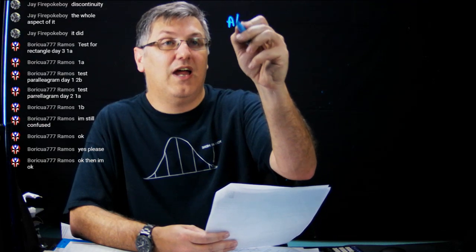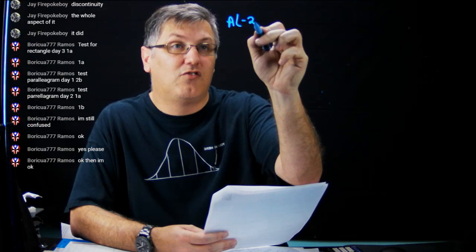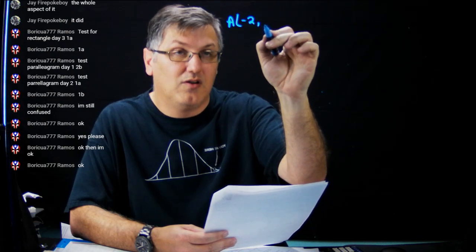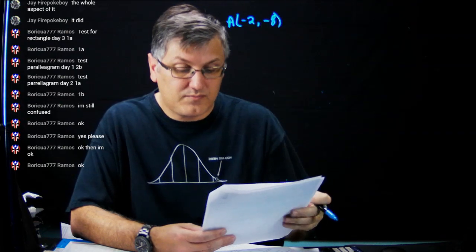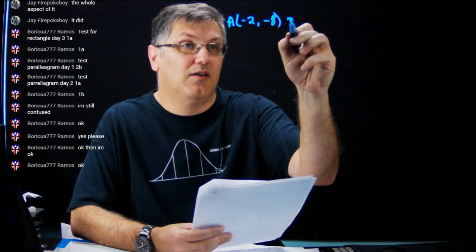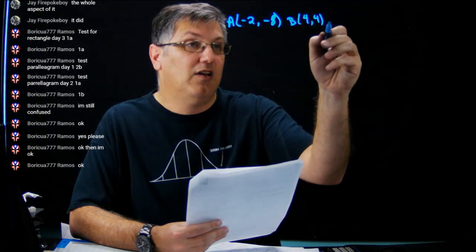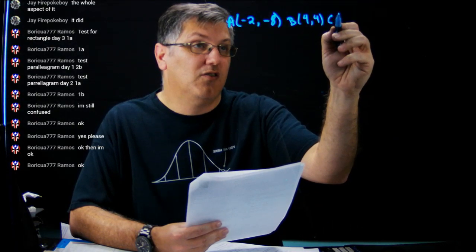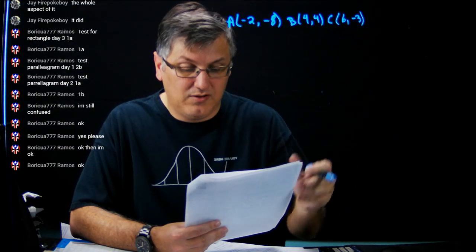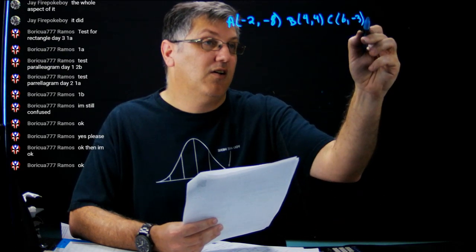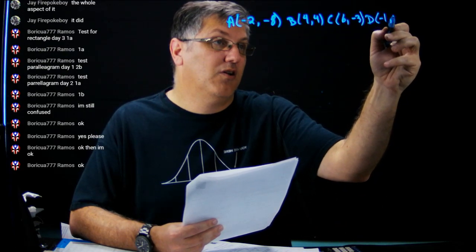So we have point A at -2, -8. We have B, which is 4, 4. We have C, which is 6, -3. And we have D, which is -1, -7.